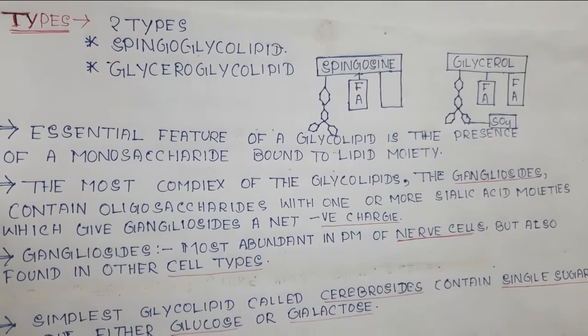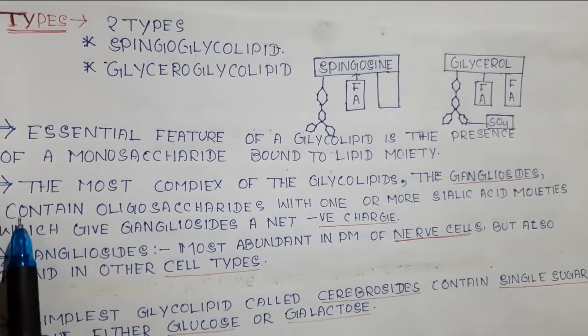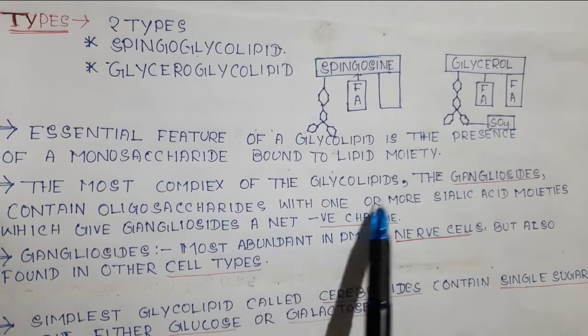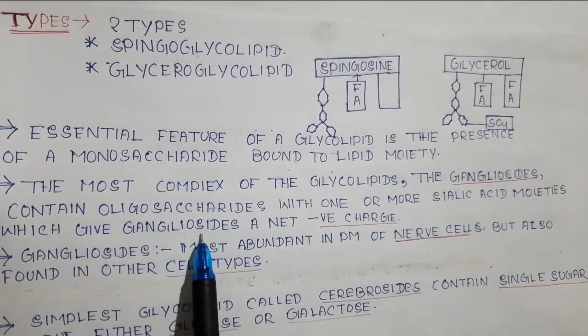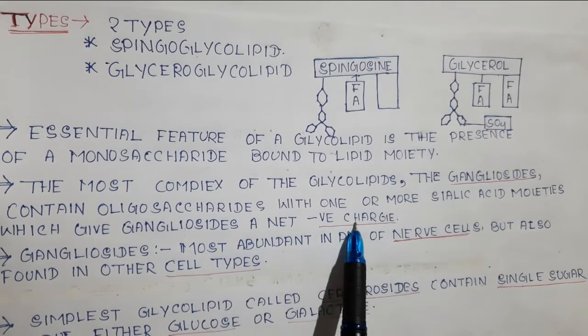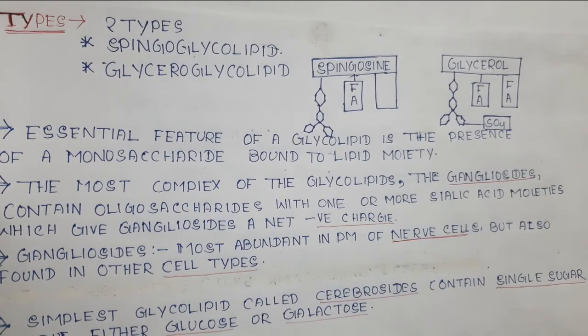The most complex of the glycolipids are the gangliosides. They contain an oligosaccharide, which we call sugar, with one or two sialic acid moieties, which give the ganglioside a net negative charge. Ganglioside is an example of glycolipid.